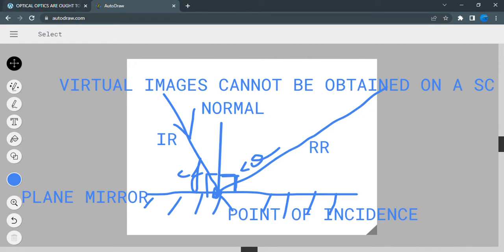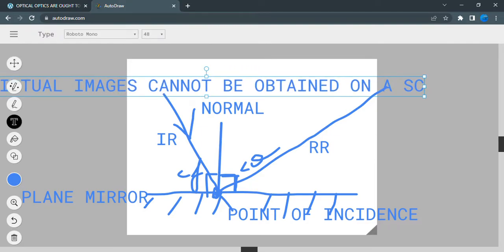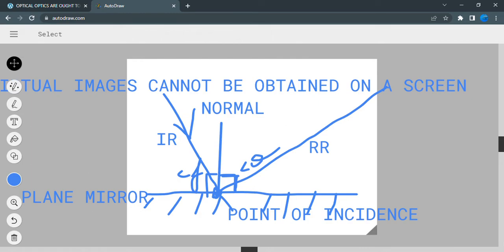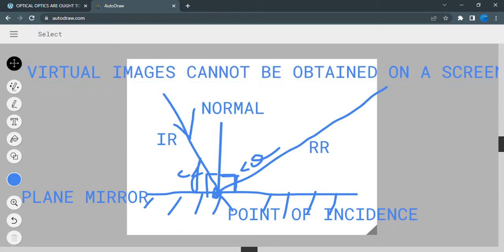Second, you might also think, why can virtual images not be obtained on a screen? They cannot be obtained on a screen because in a virtual image, light rays do not intersect. They just appear to intersect. They do not intersect, but we think they are intersecting. So an image is formed, but this image cannot be obtained on a screen.